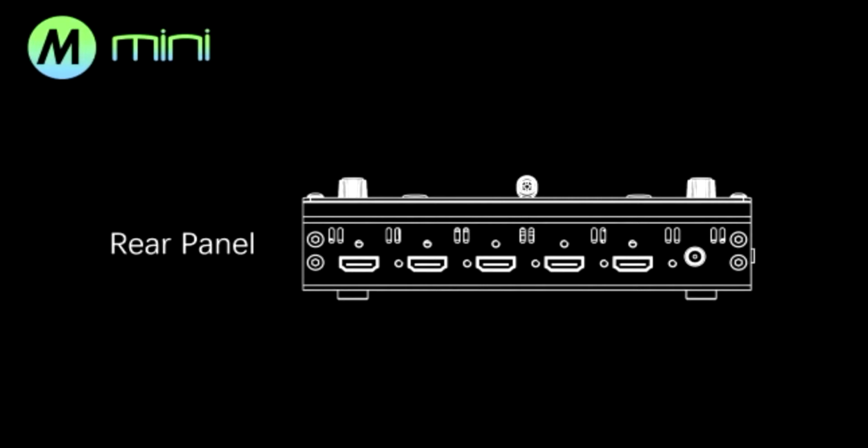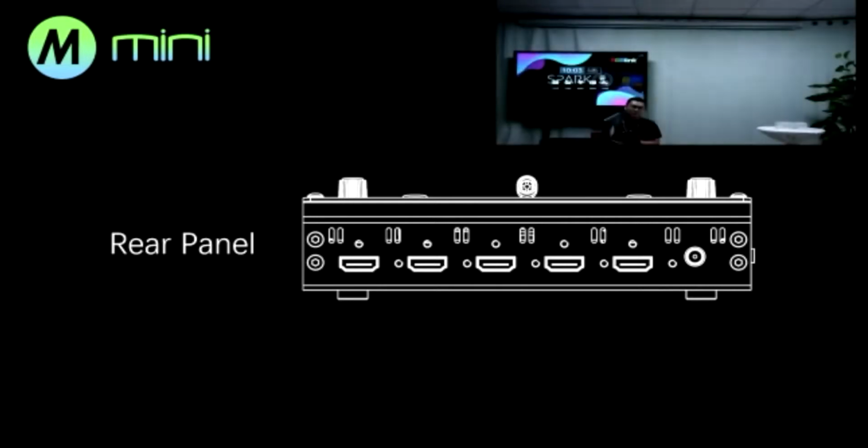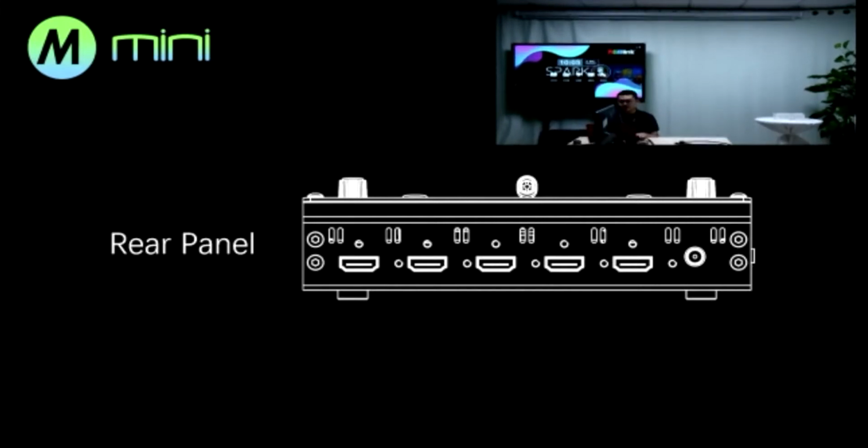There are 4 HDMI input ports, and each port supports a different video format input, and there is the HDMI output port, which is used for preview, and you can see the 6 pictures on the screen. I will show you the effect later in the live demo.